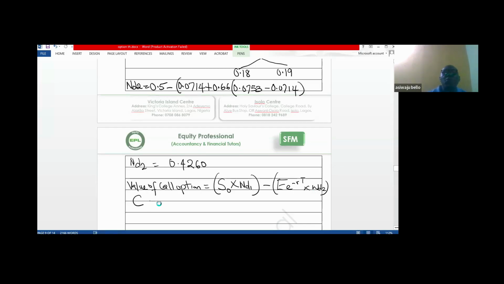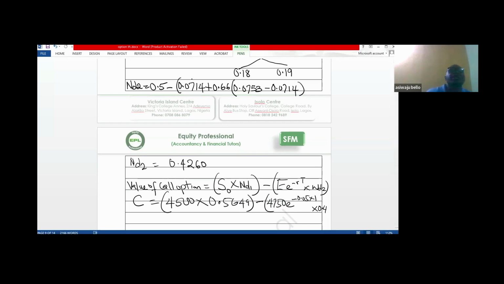Therefore, our X0 is 4,500, ND1 is 0.5649, minus our capital letter E, 4750, exponential, our small letter r, 0.05 multiplied by 1. Everything multiplied by 0.4.